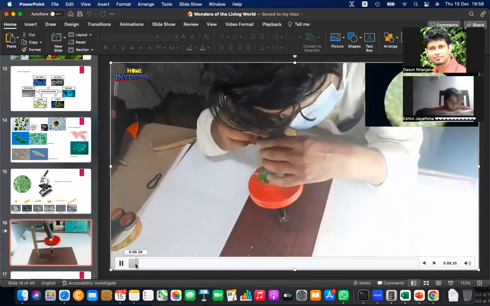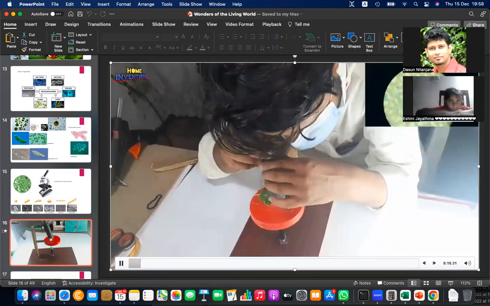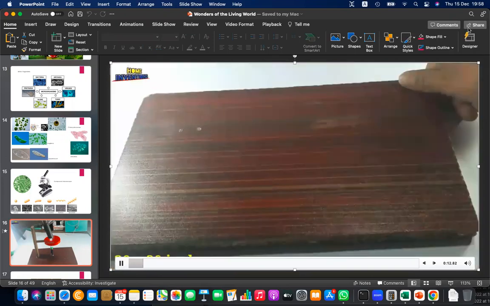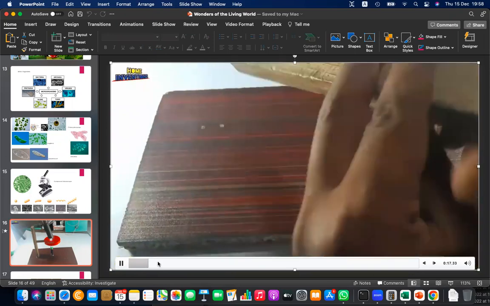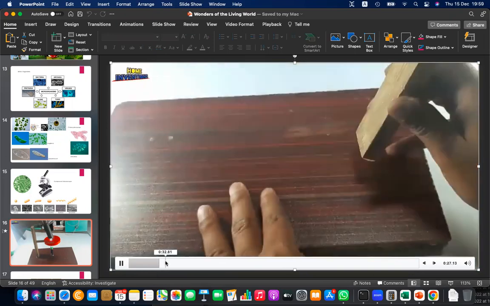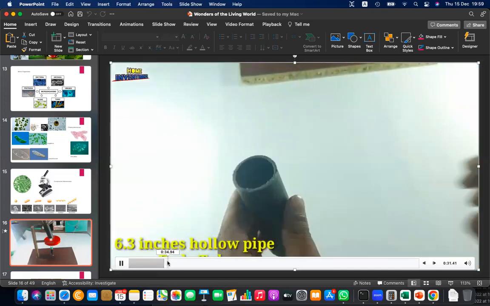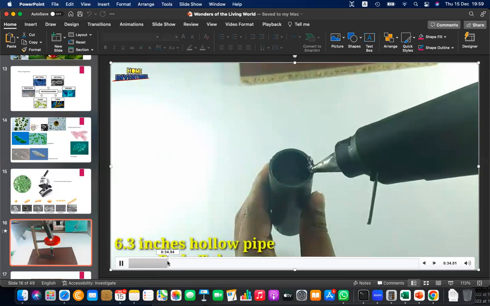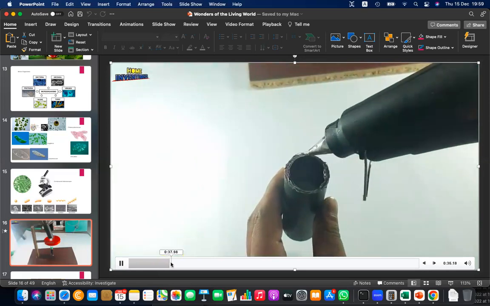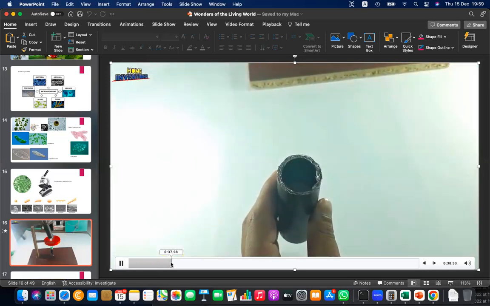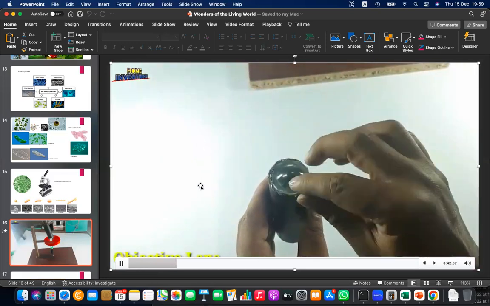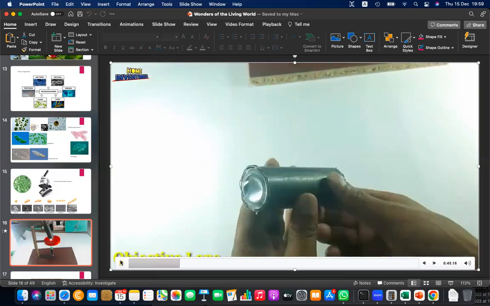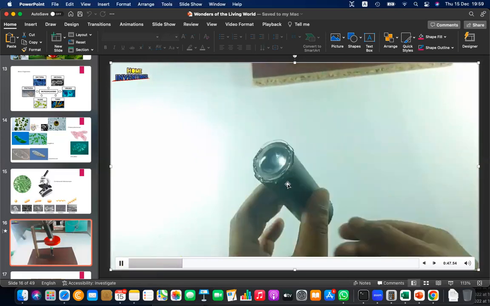So he's watching and you can see the preview there. Plastic pipe is used. Then you can see the lens. This is the objective lens. It is attached. That is the difficult part.